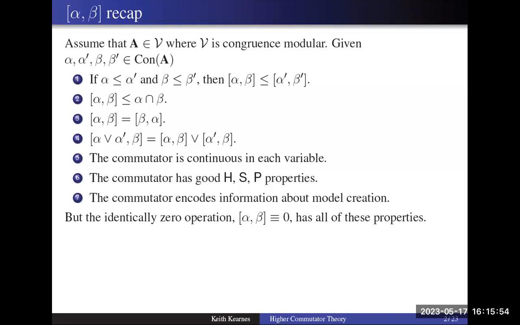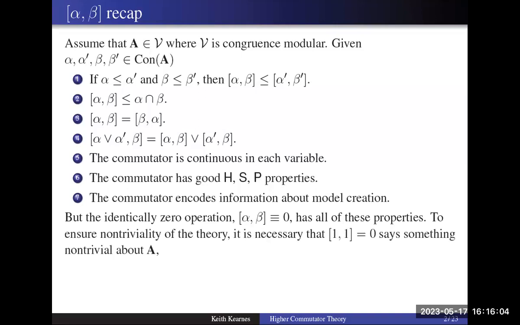So we would like to know that there's something about the commutator that makes it non-trivial. Okay, something about the commutator that makes it not just the constant zero operation. And I want to say that if you want this theory to be non-trivial, you want the statement that [1, 1] = 0 to be a non-trivial statement. You don't want any two congruences to commutate to 0.